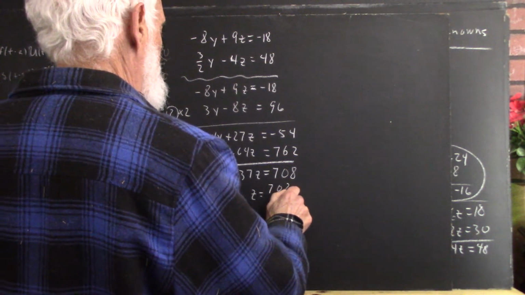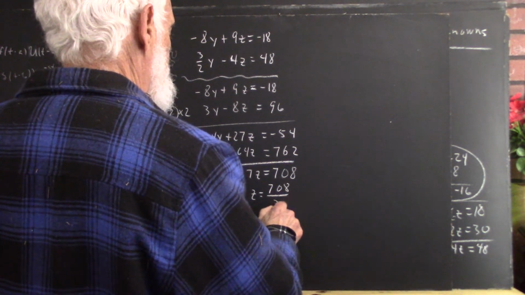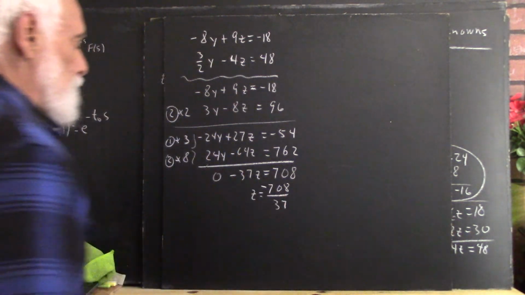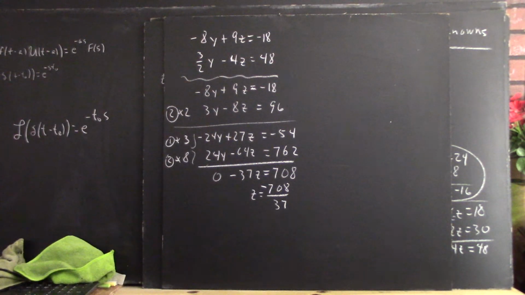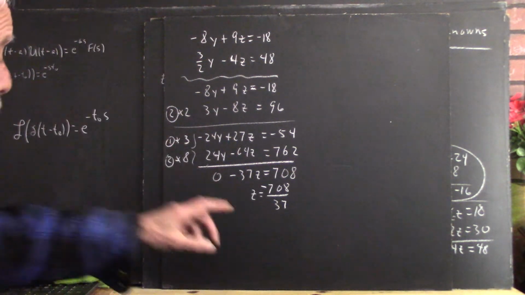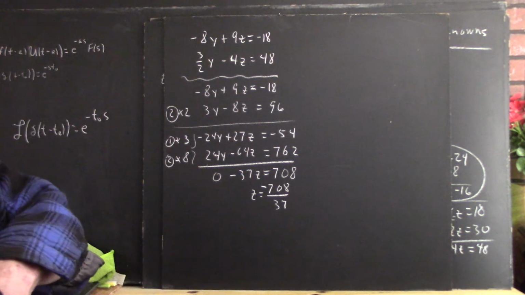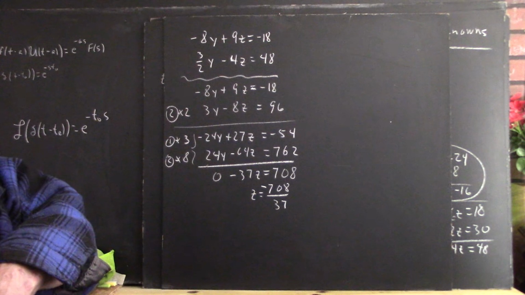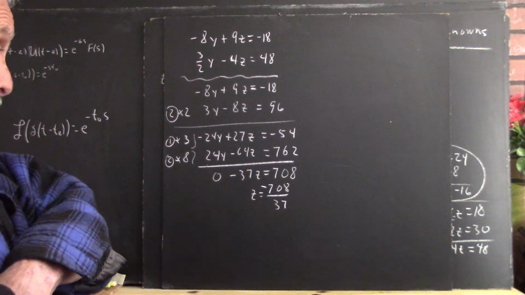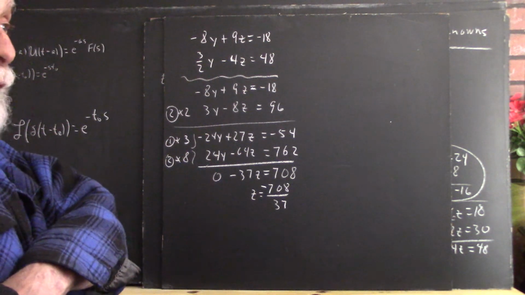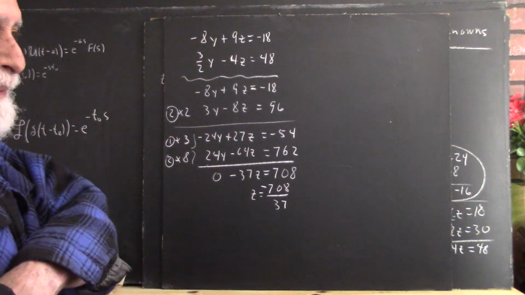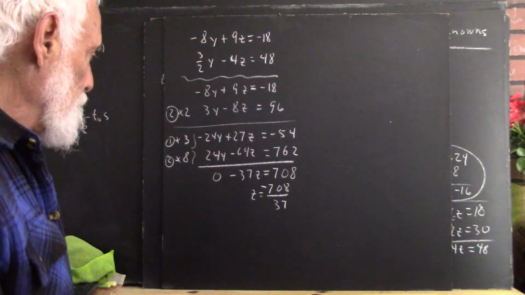That's a little better than having a denominator of 708. Okay, z is negative 708 over 37. 37 being a prime number, I doubt that it's going to divide into 708, but it goes into 740. Goes into 703, but it doesn't go into 708, so it's okay.